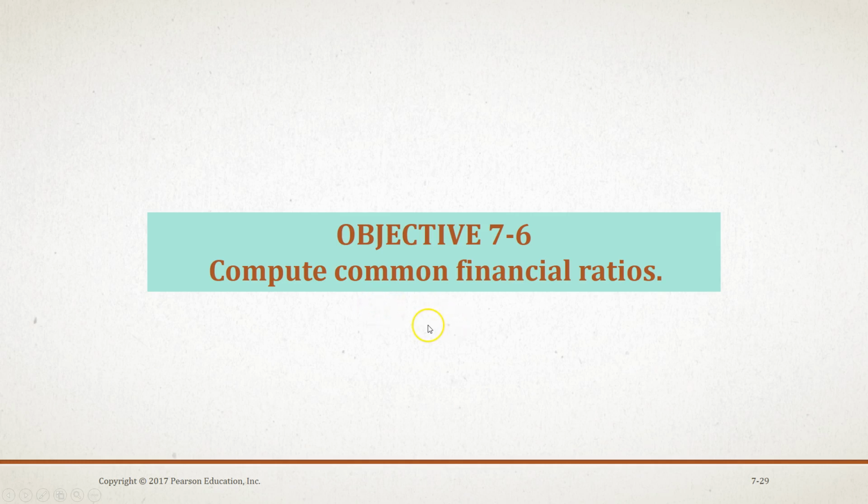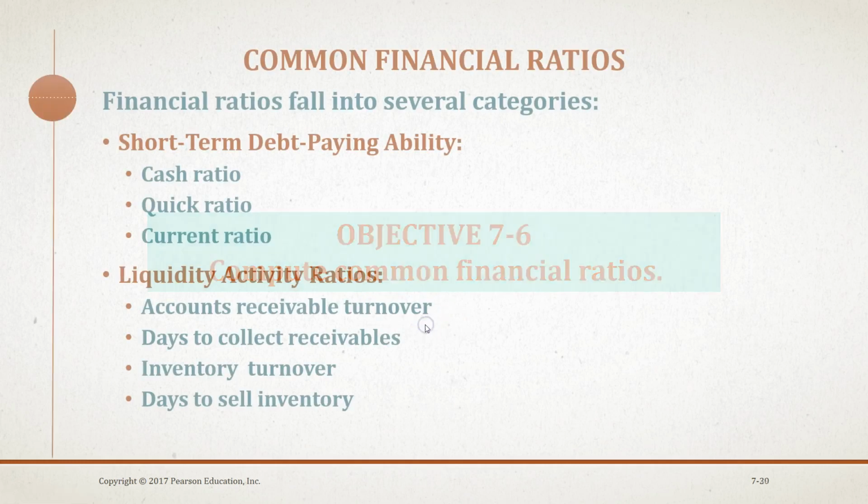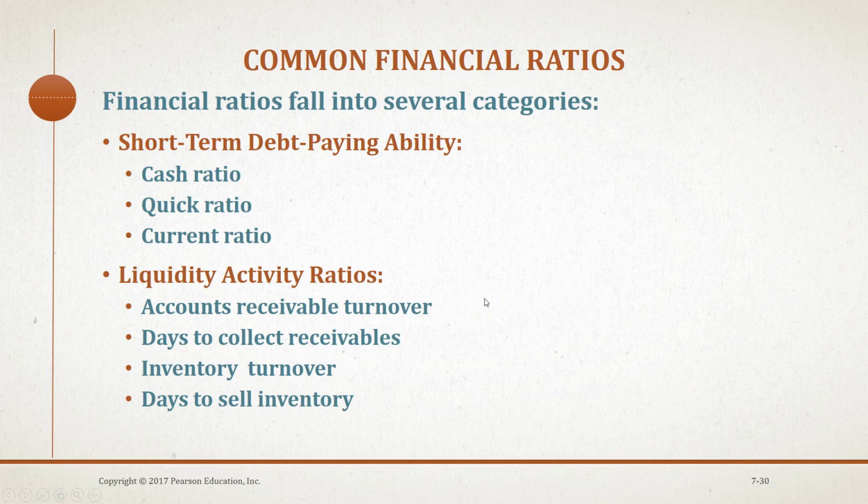The sixth objective, computing common financial ratios. So again, we have several different types of ratios, and you've seen many of these before in your accounting career. The first, short-term debt paying ability, the cash ratio, the quick ratio, and the current ratio, which again will tell us in the short term, can they pay debt as a company?